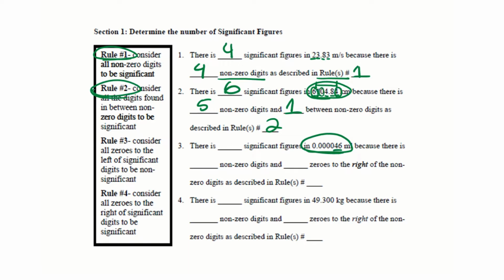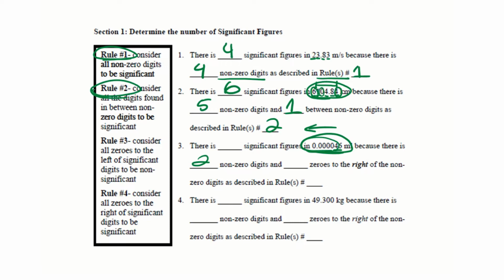We know that these are significant figures because of rule number 1, which states that the non-zero digits are going to be significant. Well, I already know that I have 2 of those. So there is 2 non-zero digits. Now, all of these others that are to the left of those non-zero digits are going to be considered non-significant.